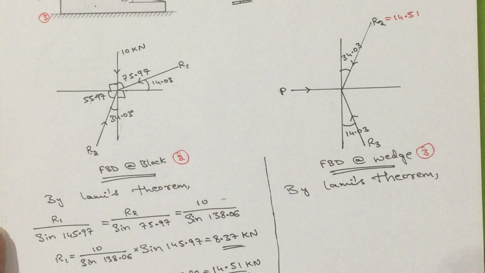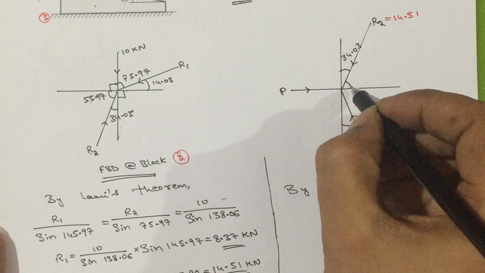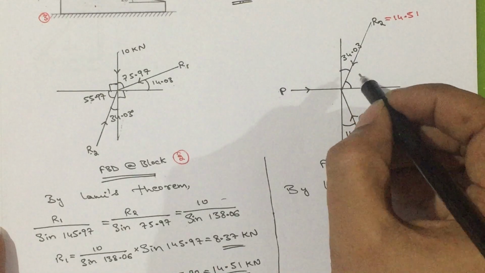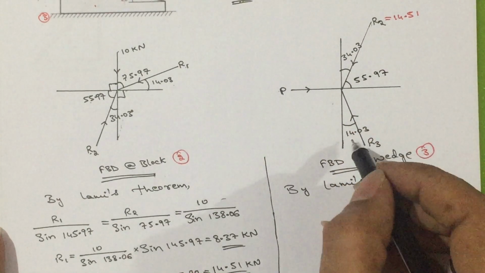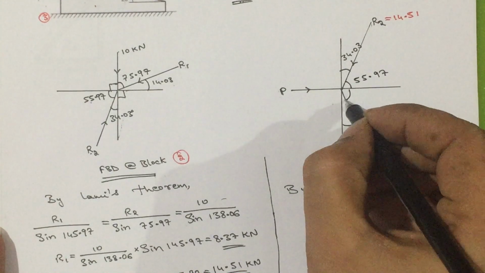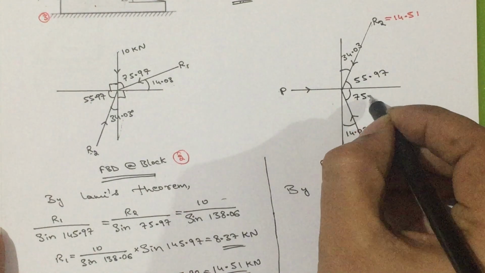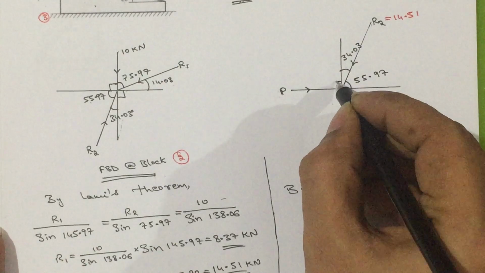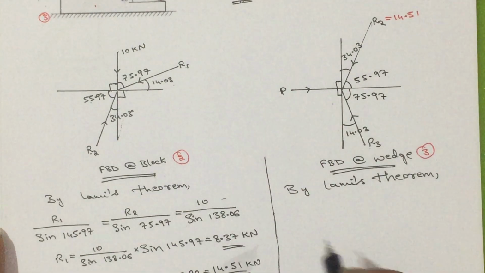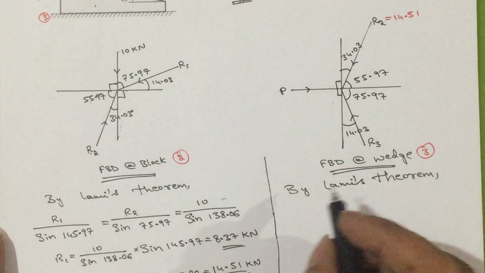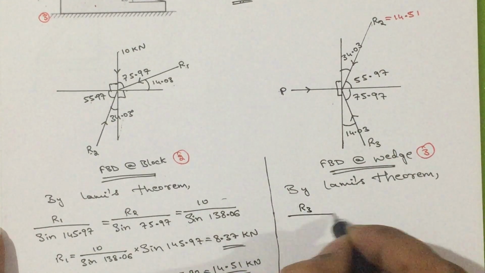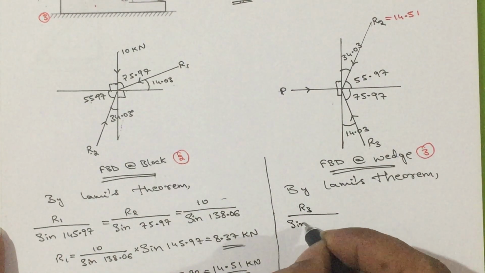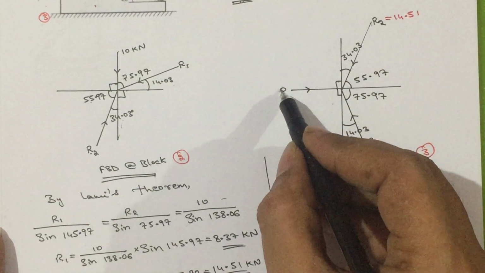Before writing Lami's theorem, we need all the angles. If it is 34.03, then the remaining angle is 55.97. If it is 14.03, then the remaining angle is 75.97. This is 90, this is 90. So write R3 divided by sine of the angle between the other two forces P and R2.